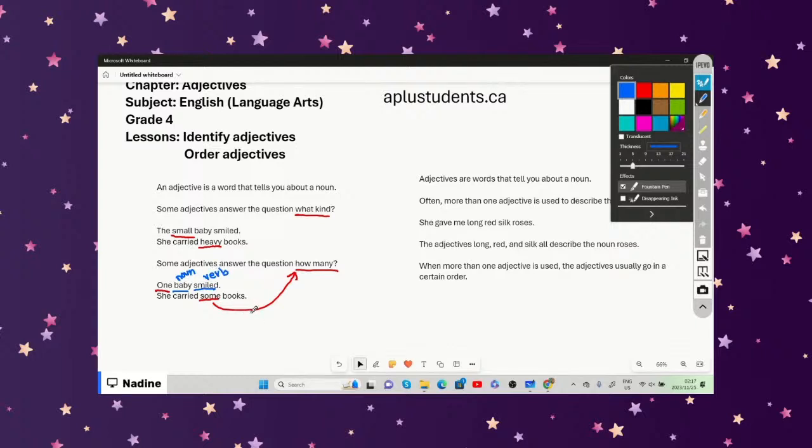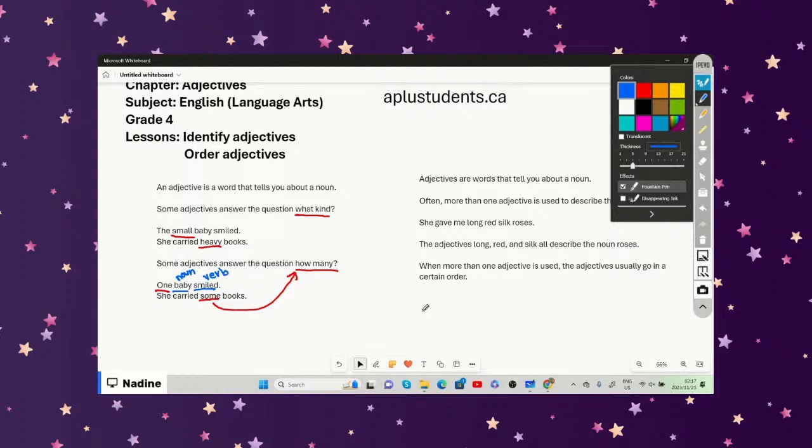But our noun is baby, which means that when it comes to an adjective, you either need to ask yourself what kind when it comes to the noun, or how many when it comes to the noun. We describe the baby based on the noun. So, how many nouns or what kind of noun.